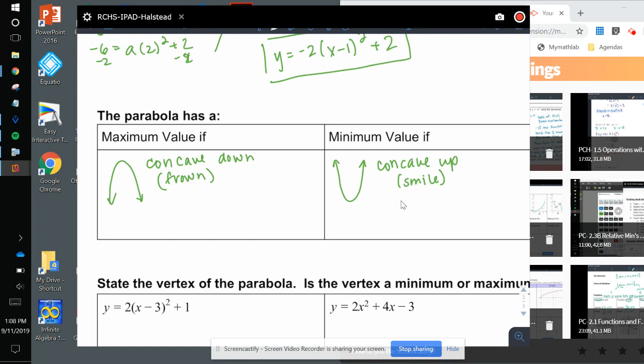Okay, our graph is concave down when a is less than 0, so the stretch value is less than 0, like y is equal to negative 2x squared, we'd be facing down. And we're concave up when a is greater than 0, so like y is equal to 1/2 x squared, greater than 0.